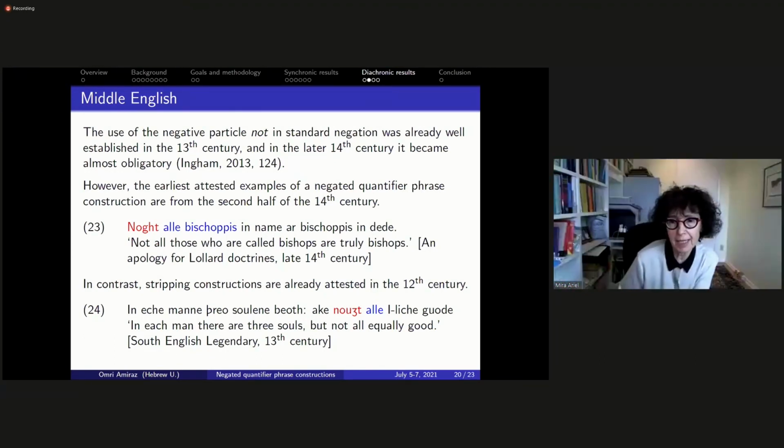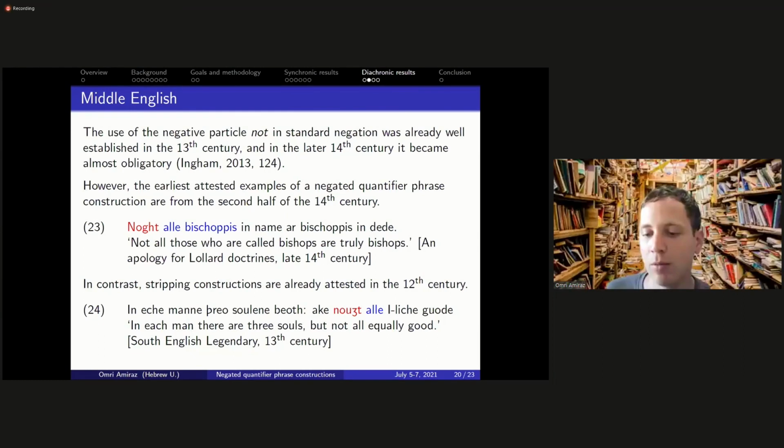But do you think the same source is responsible for not many, not few, not whatever? I think, but it also might be that it extends from a universal quantifier to other quantifiers. I don't know. I haven't studied it actually. Thank you.